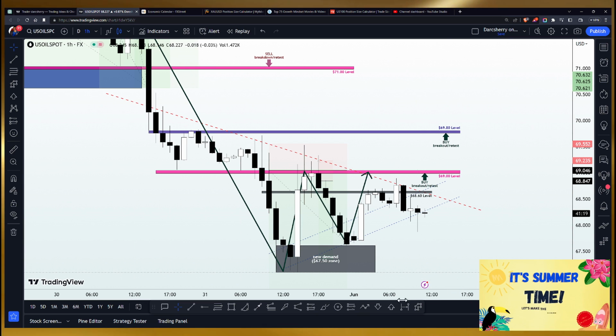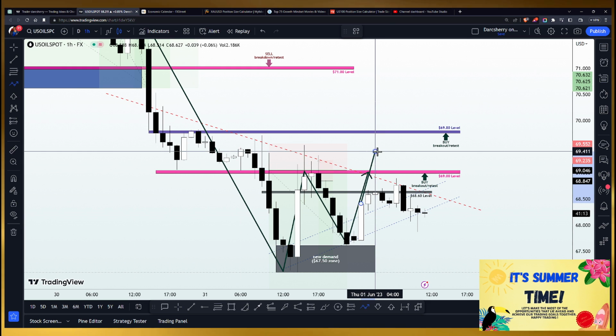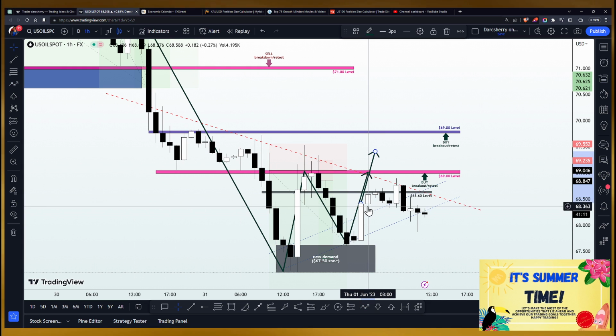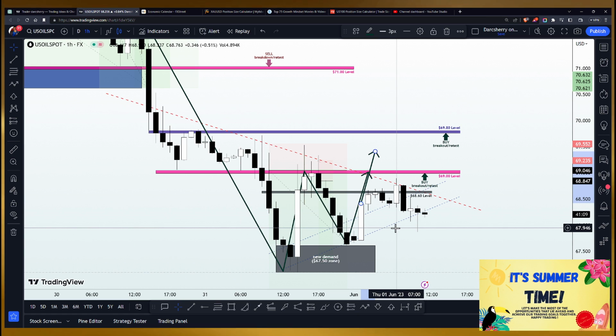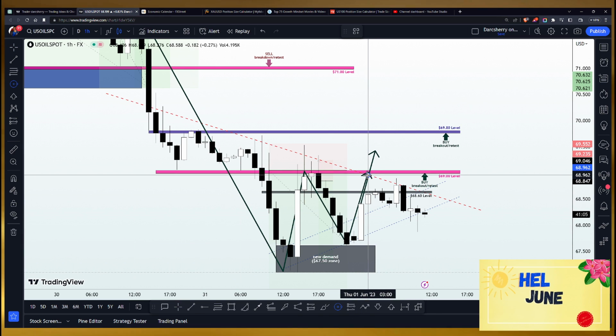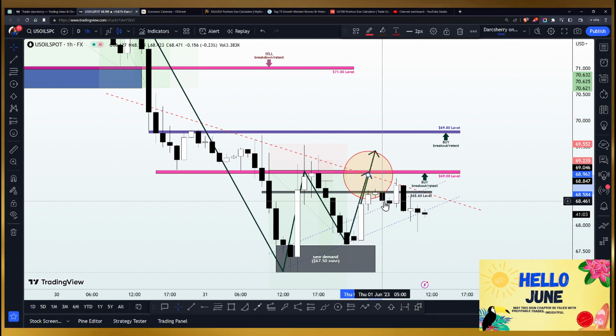So this is what we are going to be looking out for to buy the US oil spot for today. So we want to see price action break out to the $69 level, and if you look closely at this level, you will see how it shares a confluence with that bearish trend line we identified earlier.